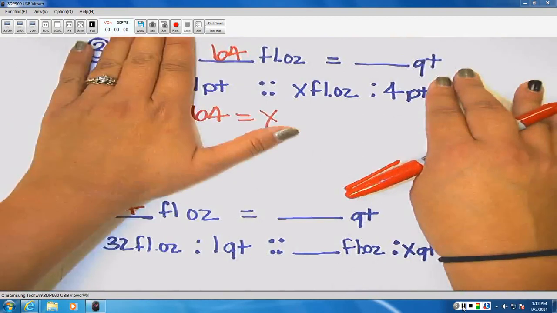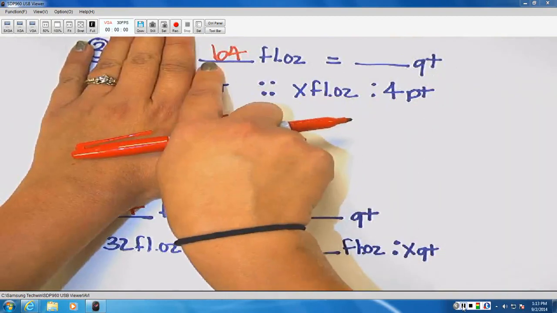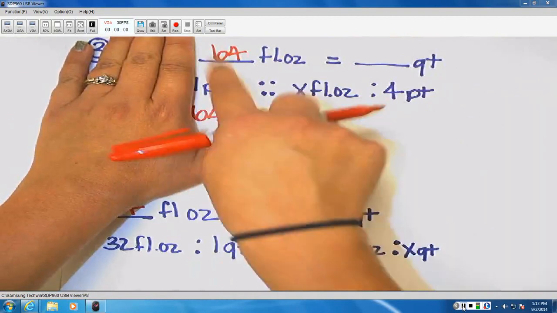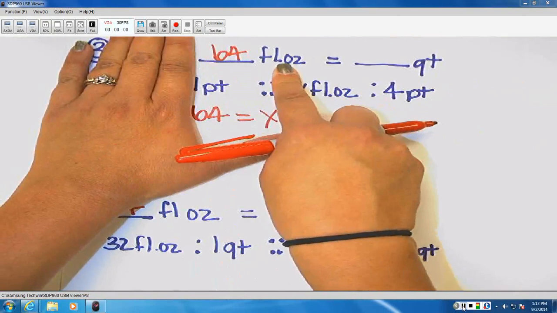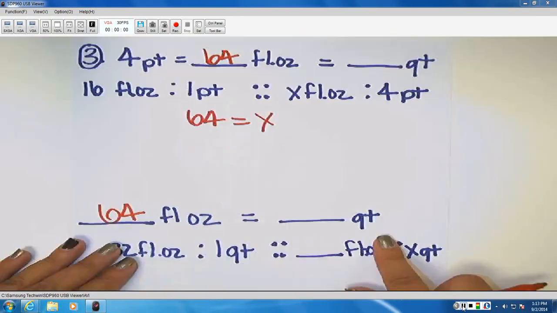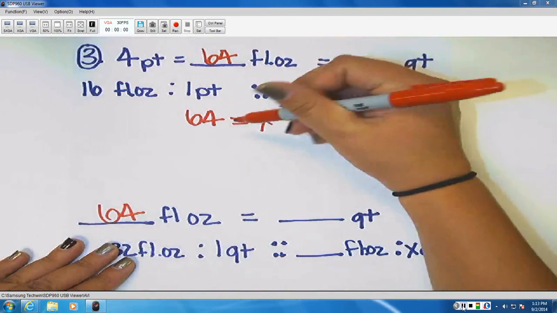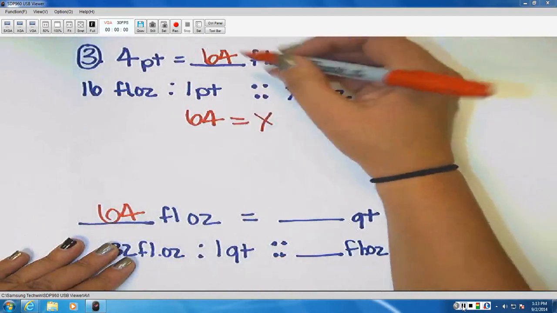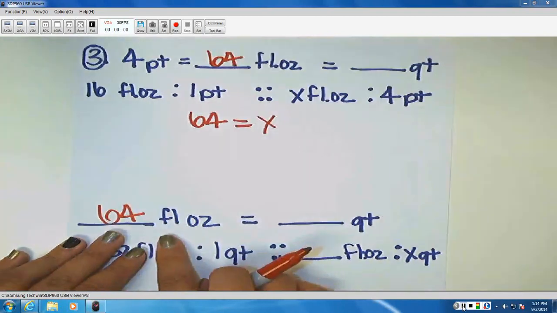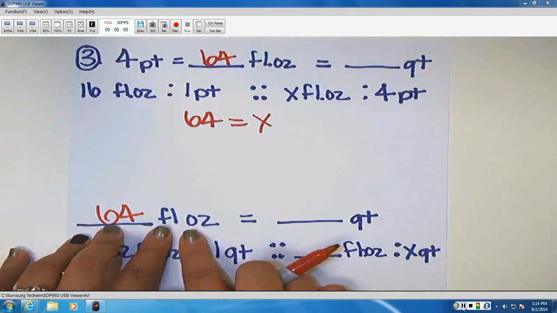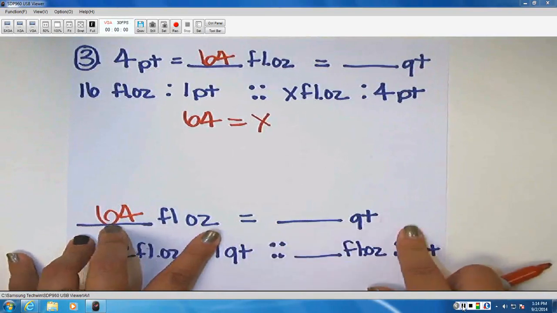Now we've got rid of this one. Now we want to know how many quarts does 64 fluid ounces equal? So I have it set up down here. Since I worked out this first part of the problem, I got my answer here, 64. Now I'm going to plug it in down here. 64 fluid ounces equals how many quarts?